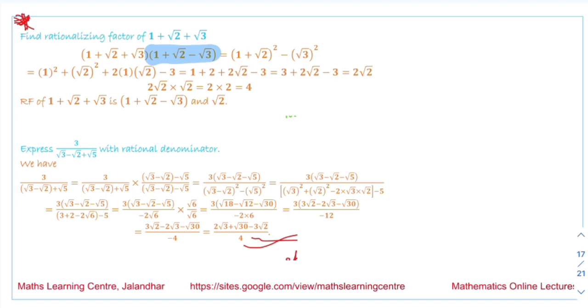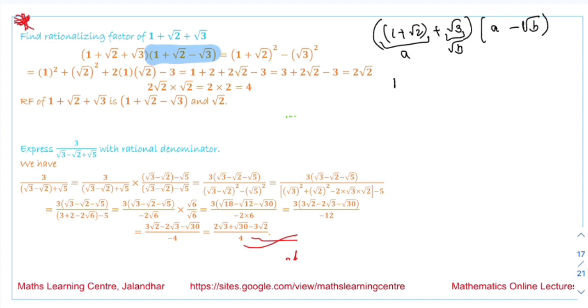If I am talking about this term, it is 1 plus root 2 plus root 3. I am considering this as a and this as square root of b. So the rationalizing factor is a minus square root of b.